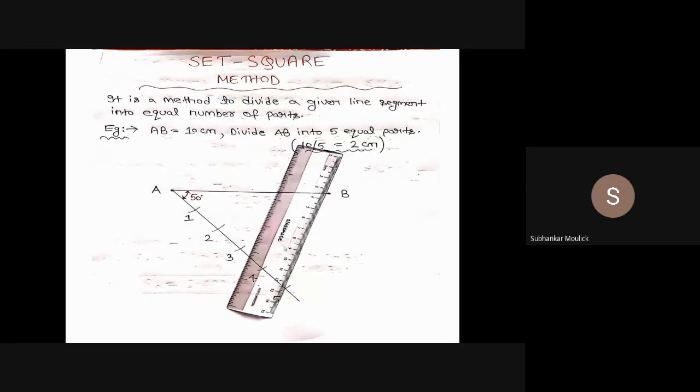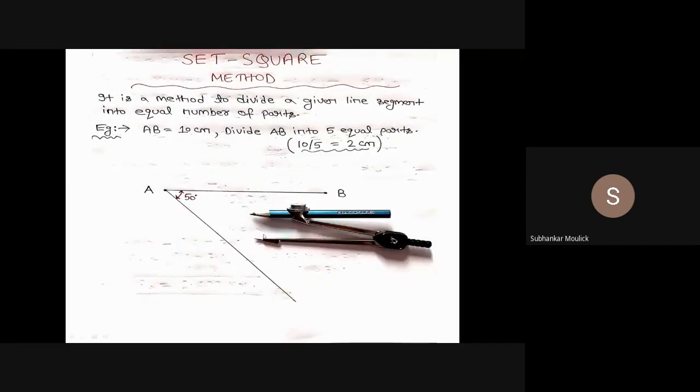What is the next step? Now with the help of this compass, on this acute angle infinitely long line, cut 5 equal arcs. Each arc segment will have a length equal to 2 centimeter. That is first, second, third, fourth, fifth.